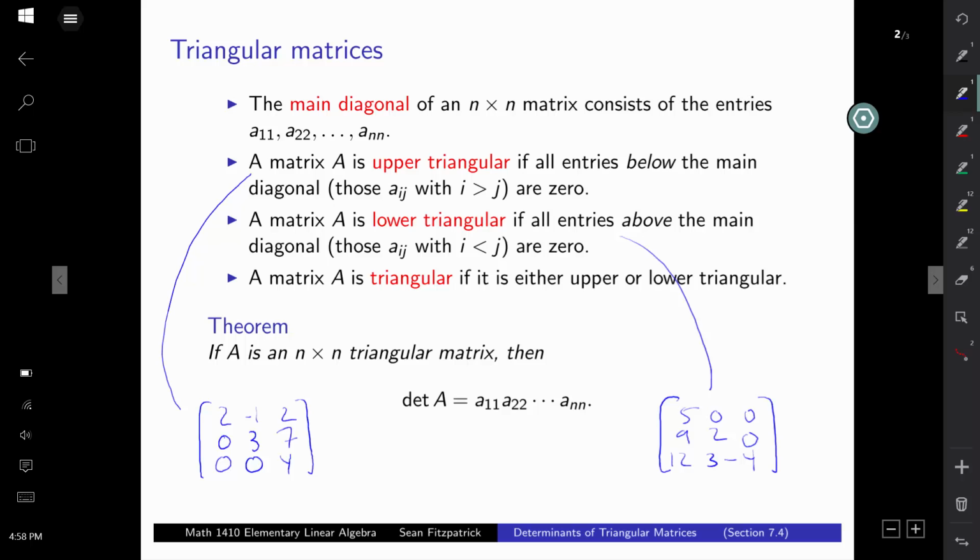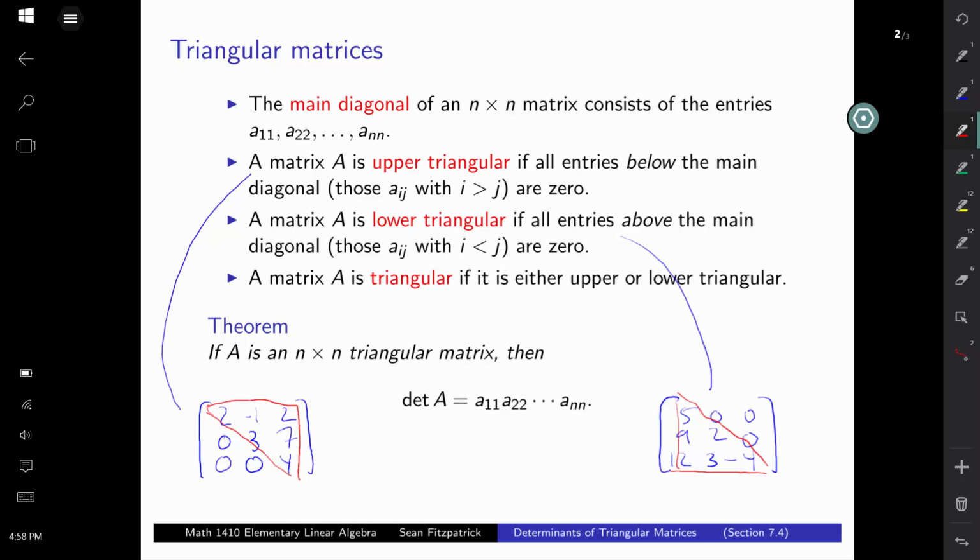So the triangular comes from the triangle, the upper triangle or the lower triangle. This is where the terminology comes from. It's a situation where everything either below the main diagonal is 0 or everything above the main diagonal is 0.